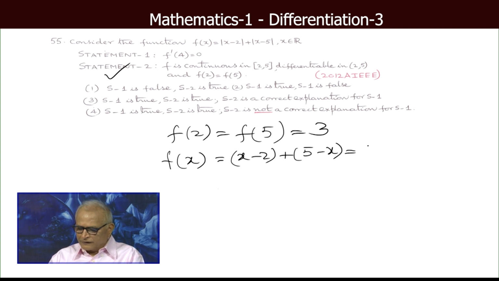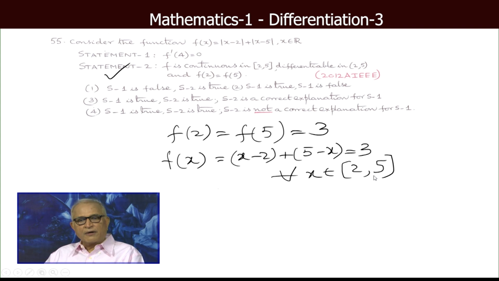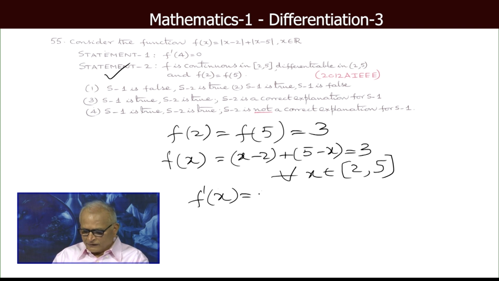So f(x) is equal to 3 for all x in the closed interval [2, 5]. That means on the closed interval [2, 5], f is a constant, always equal to 3. So, f'(x) equal to 0 for all x in the open interval (2, 5).